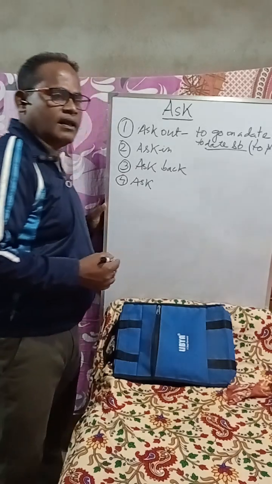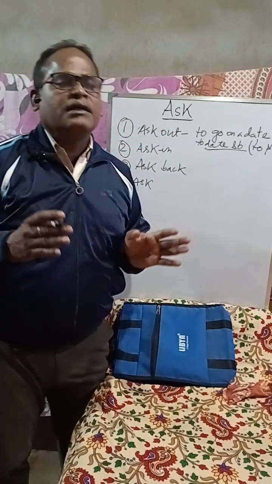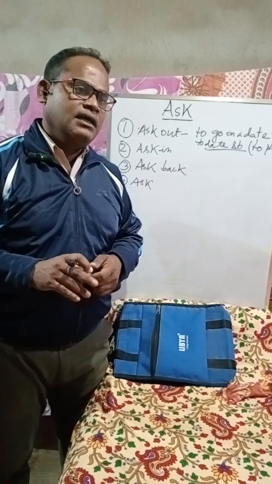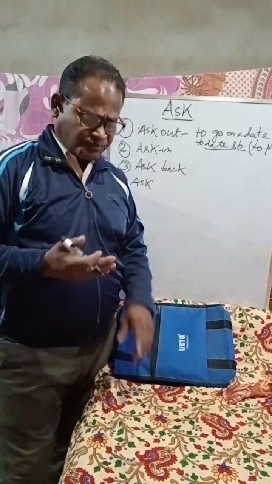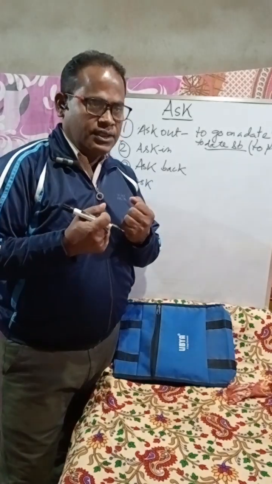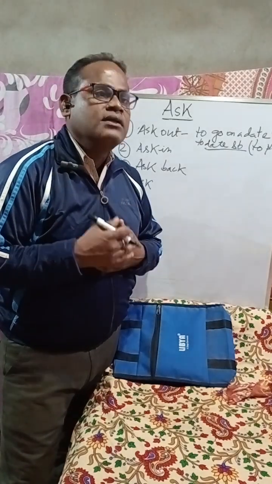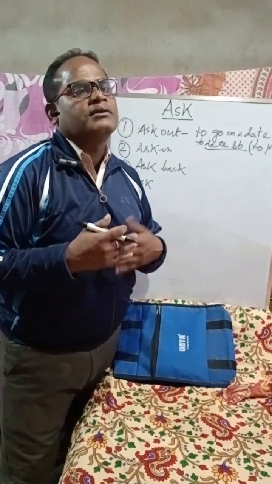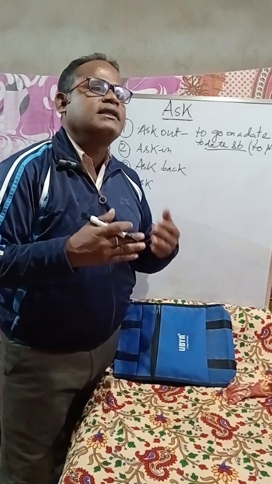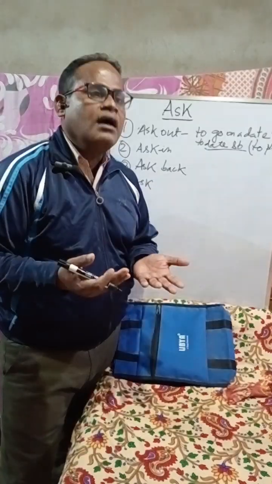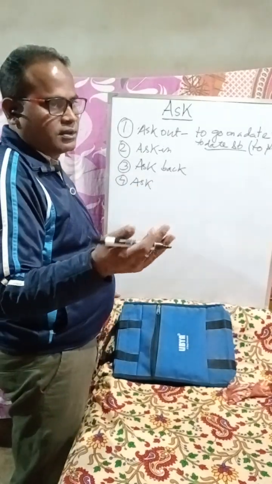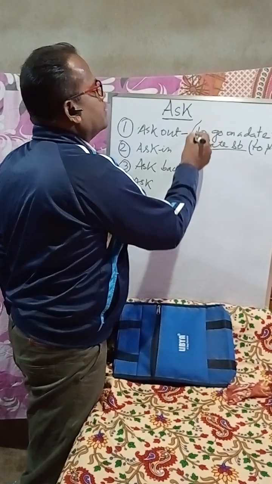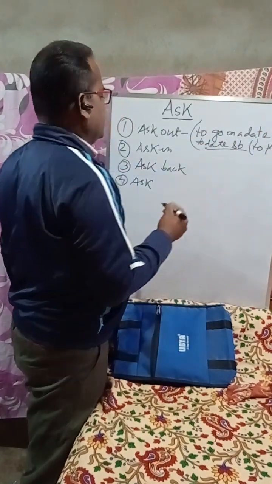Actually, Jack loves Helen, and Jack gathered the courage to ask Helen out to a restaurant. Or finally, Jack succeeded in asking Helen out on a date. To ask Helen out. Is that clear? That's how you can write ask someone out on a date.